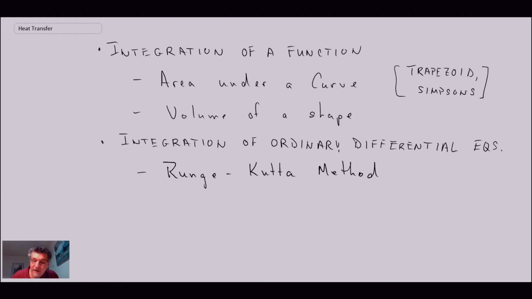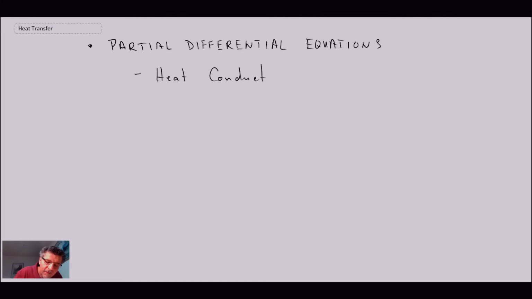And then the next in this escalating scale of complexity of numerical methods applications, we get to what we're going to be looking at in this course, and that is solutions of partial differential equations, which we know the heat diffusion equation is a partial differential equation. And so we can look at heat conduction, as we're going to in this course.